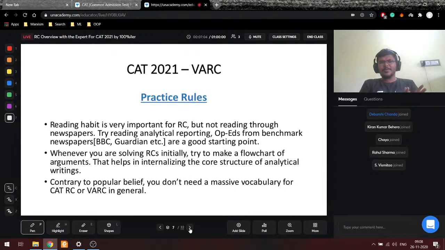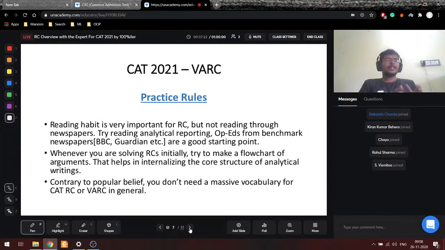Many of them are subscription based, so I would suggest you start with BBC, Guardian, and Vox, etc. Try to understand that the passages that you will be facing in CAT do not report something very specific.